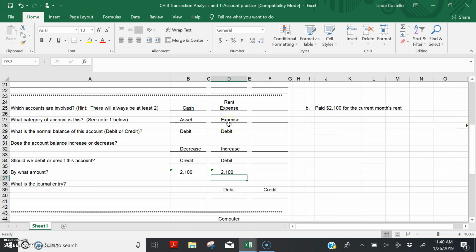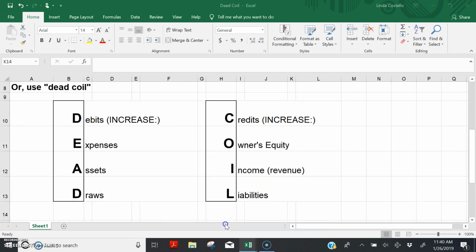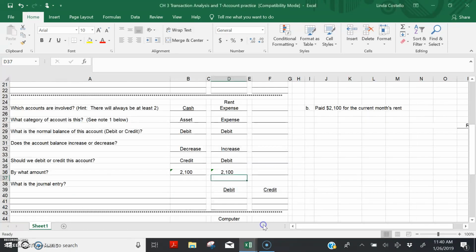What is the normal balance of this account? Looking at the debit-credit chart, we can easily see that rent expense and all expenses have a normal debit balance. Does the balance increase or decrease as a result of this transaction?